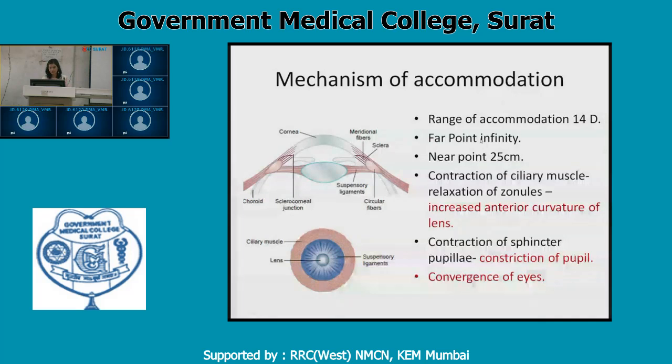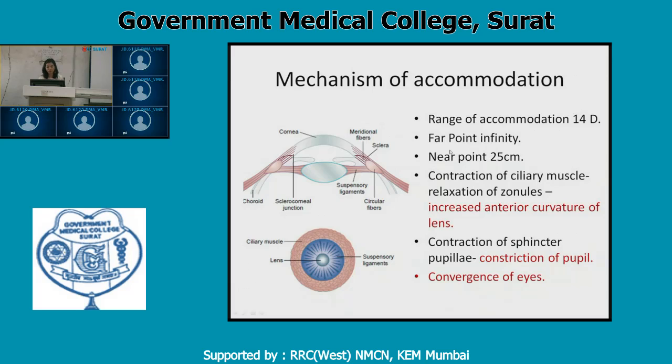That is an emmetropic, or normal, eye. With certain refractive errors, this far point comes nearer. In nearsightedness, we'll see in later slides how this far point comes nearer to the eye in myopia.